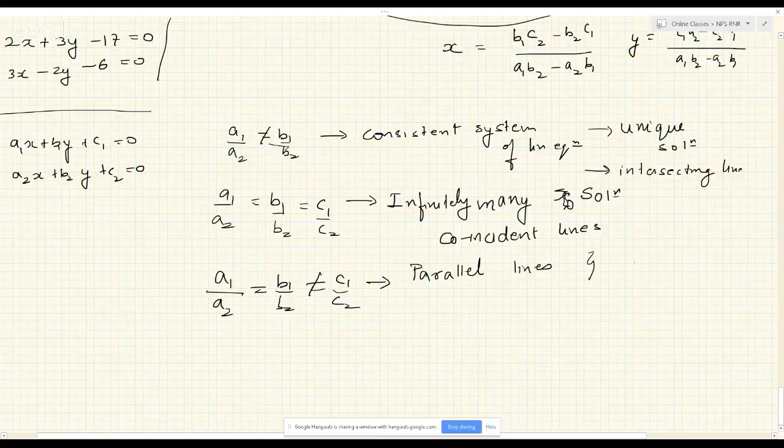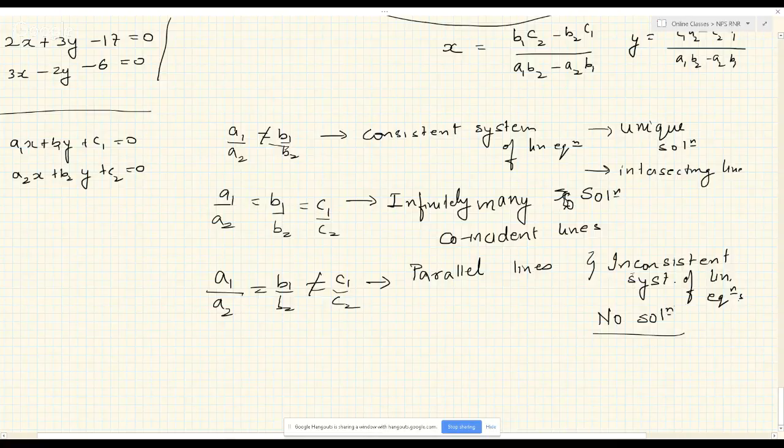And then we also said inconsistent system of linear equations, and we said no solution. No solution existed. So this was about consistency.